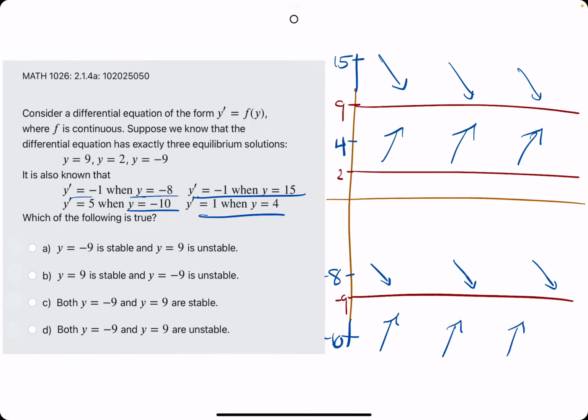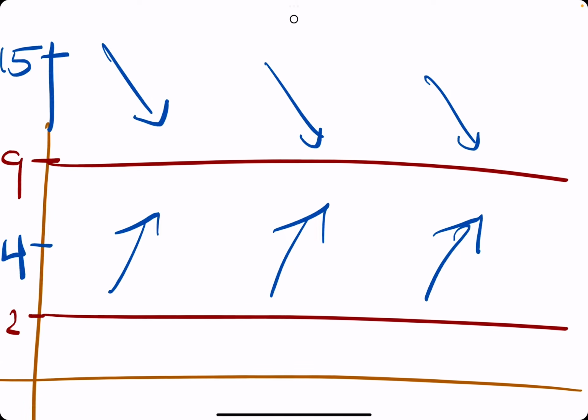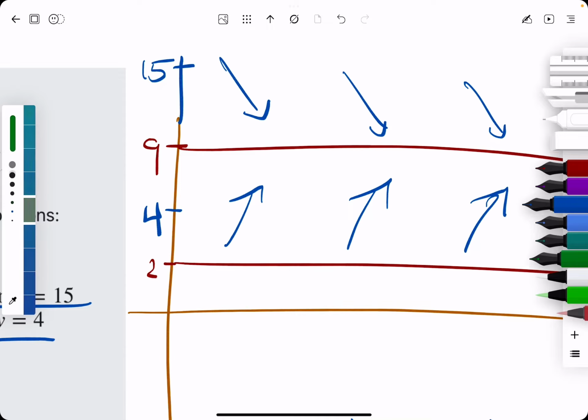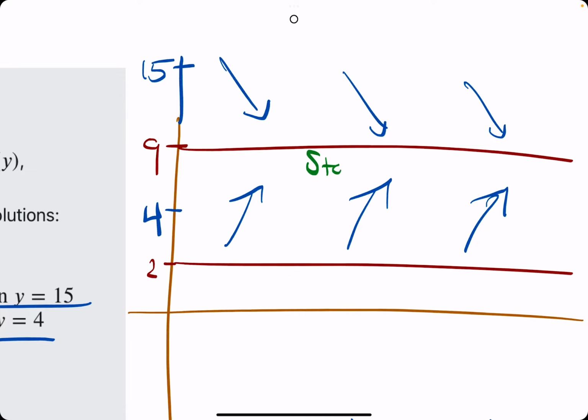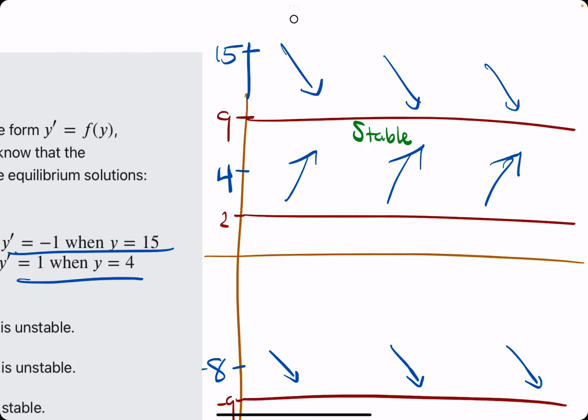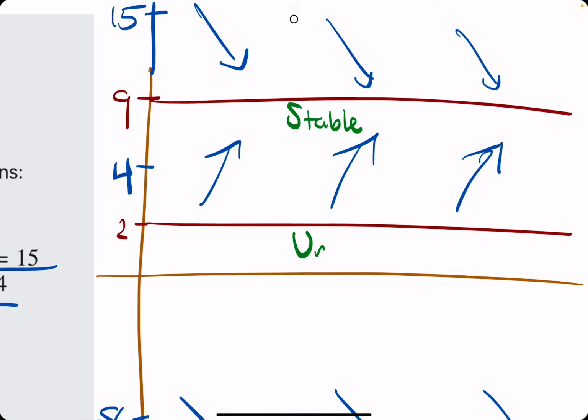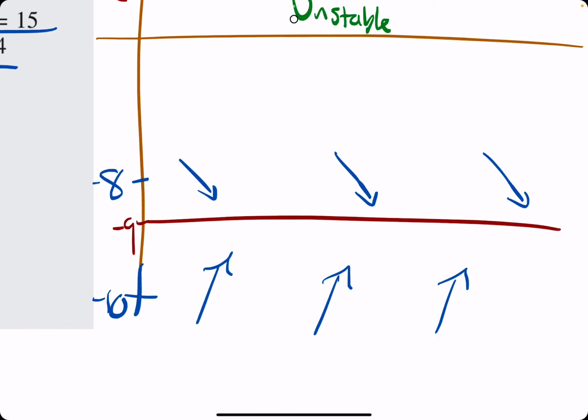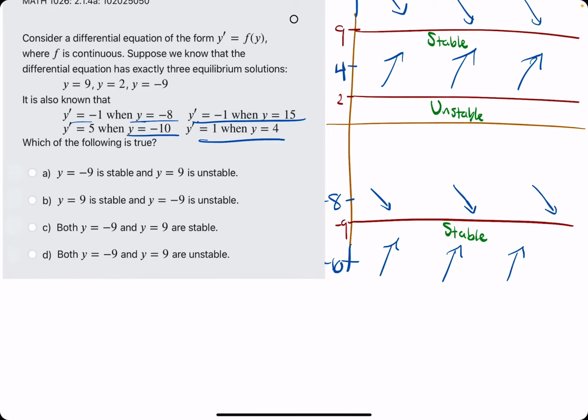Alrighty. Now, these lines are going towards 9, so we can say 9 is stable. Lines are clearly going away from 2, so this is unstable. And -9, these lines are approaching -9 from the left to the right, so that is stable.